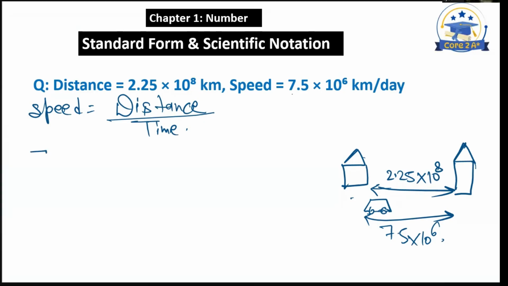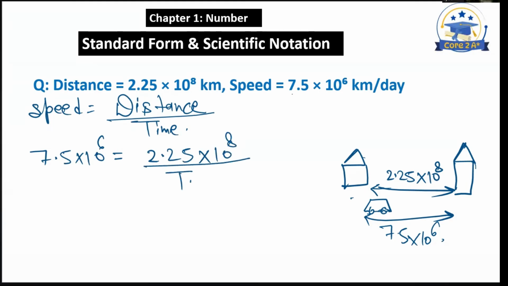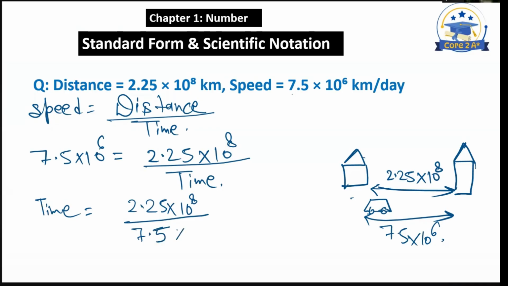Speed, how much is speed? 7.5 into 10 to the power 6 equals distance, 2.25 into 10 to the power 8, and the time, how much time will it take? So how can you find the time? For time, 2.25 into 10 to the power 8 divided by 7.5 into 10 to the power 6, right?